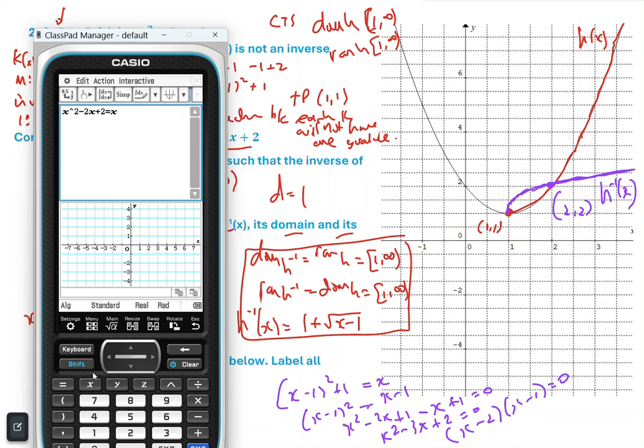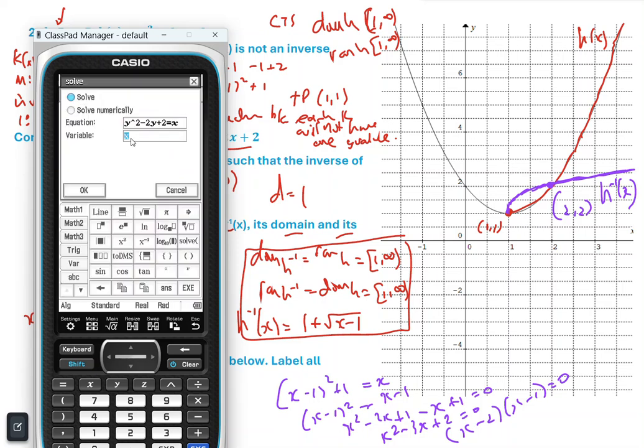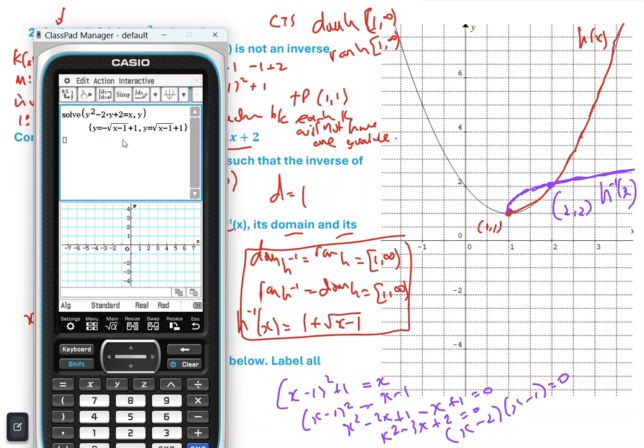I'm going to make that equal x and change my x's to y. And interactive, advanced, solve for y gives me those two answers, and I'm wanting this one, the positive square root. I take this back down again, I make that x, and I make that x.